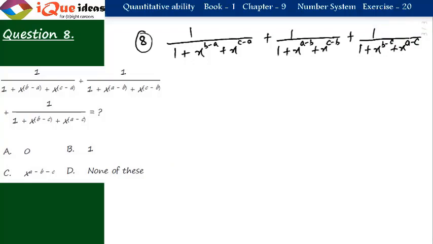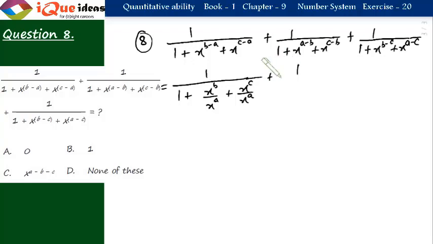Okay, so what we need to do here is we open it. How do we open? Let's see. It is 1 divided by 1 plus x raised to the power b minus a, which can be written as x raised to the power b divided by x raised to the power a, plus x raised to c minus a can be written as x raised to c upon x raised to the power a.